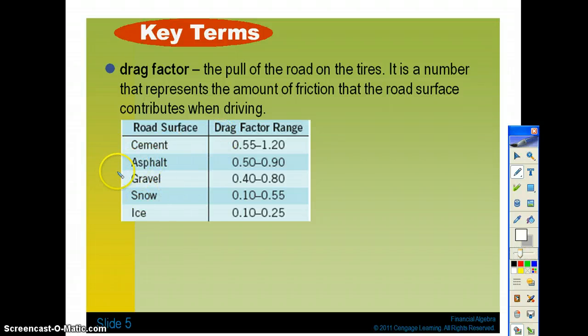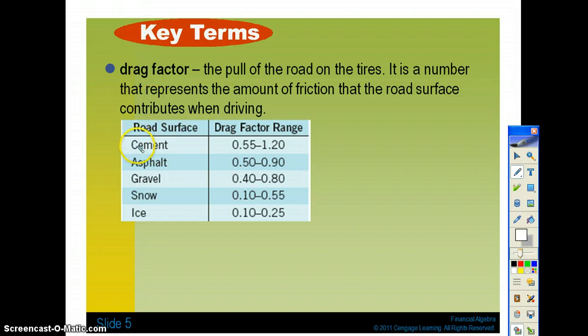And then we have a drag factor. Two days ago, when we were looking at those different reaction distances and stopping distances, we did everything with a perfect situation. While we're doing our calculations today, our drag factor is the pull of the road on the tires. That's going to be different based on if you're driving on cement, asphalt, gravel, snow, or ice.